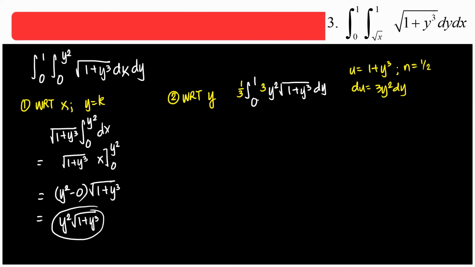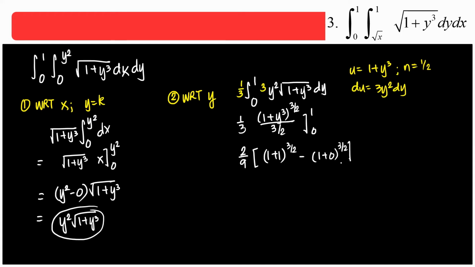So let's solve this. 1/3, 1 plus y cubed to the 3 halves over 3 halves. From 0 to 1, this becomes 2 over 9. And then 1 plus 1 to the 3 halves minus 1 plus 0 to the 3 halves.